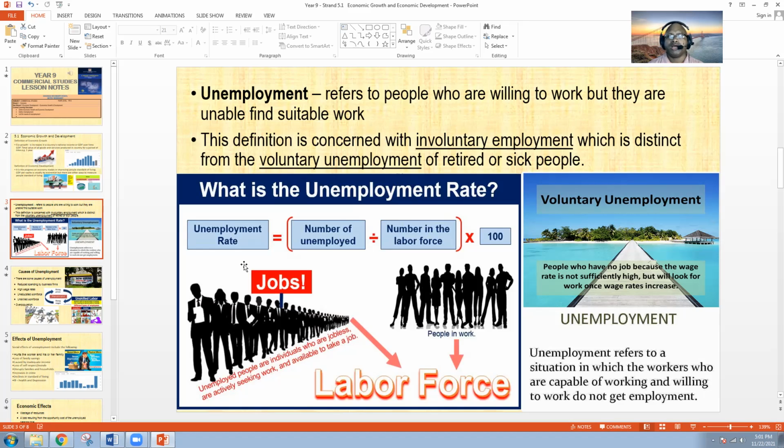Voluntary unemployment is those people who do not want to go to work, maybe because the wage rate is too low, or maybe because they are unable to work due to physical impairment.